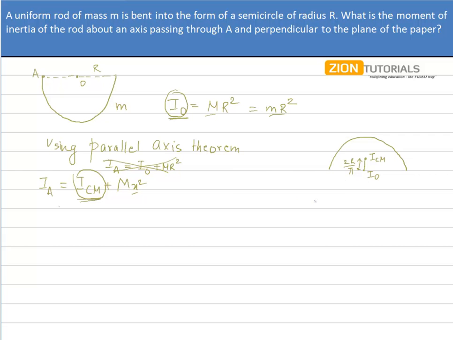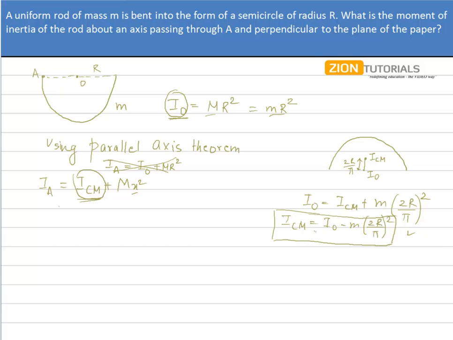From the same parallel axis theorem, I naught will be equal to ICM plus small m into 2r by pi whole square, because this is the minimum distance between them. So ICM will be equal to I naught minus m into 2r by pi whole square. This is one equation, and I get ICM from this.